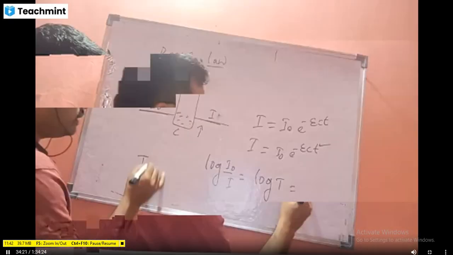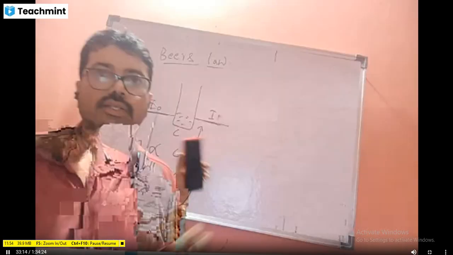Absorbance is directly proportional to C. So absorbance is equal to log of transmittance, exponentially, I naught e to the power of, with here CT.